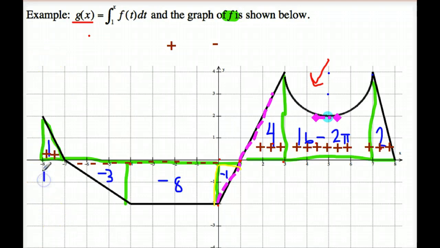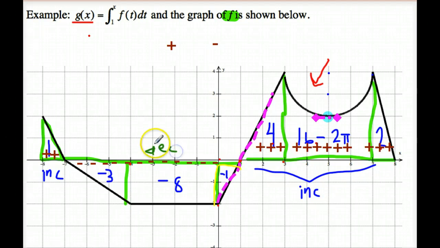Right, so this right here means I'm increasing. This entire section right here means I'm increasing. And then didn't this entire section here mean I'm decreasing? So this to here is decreasing.